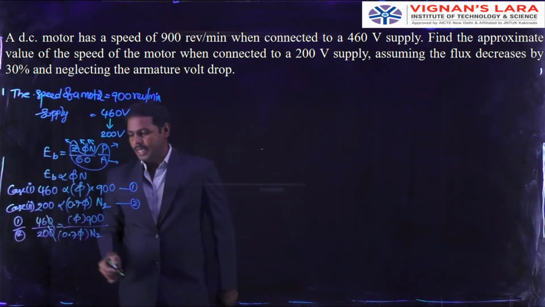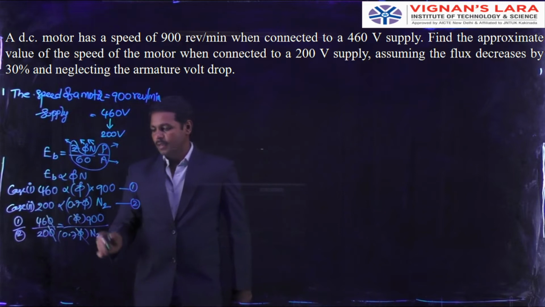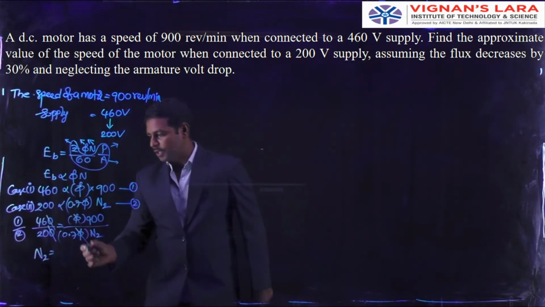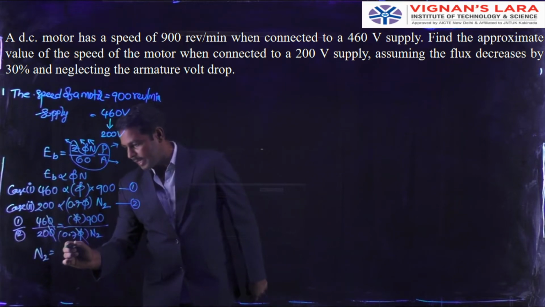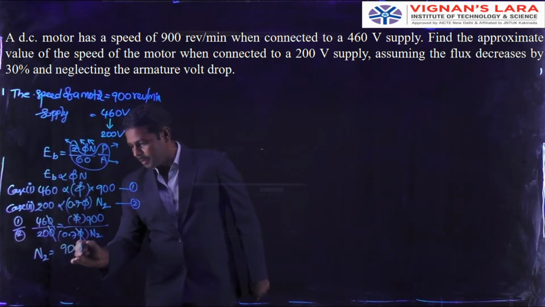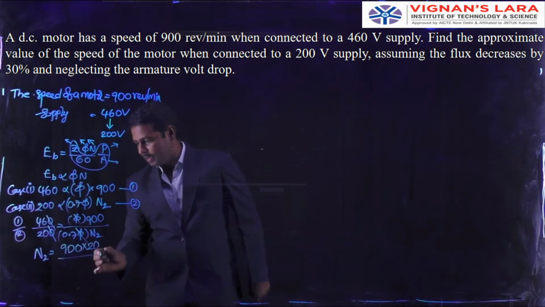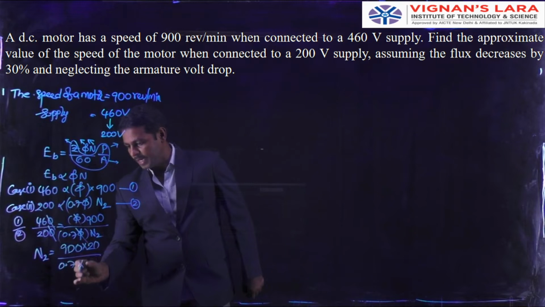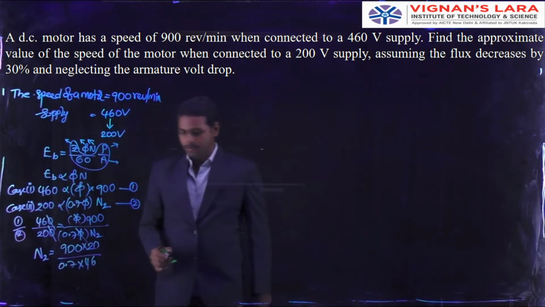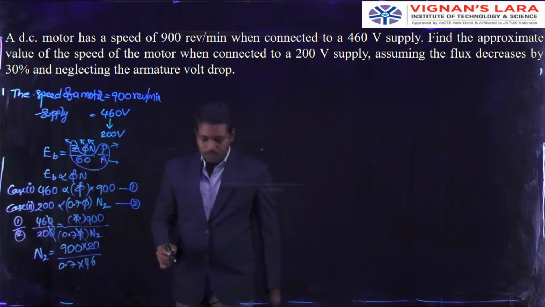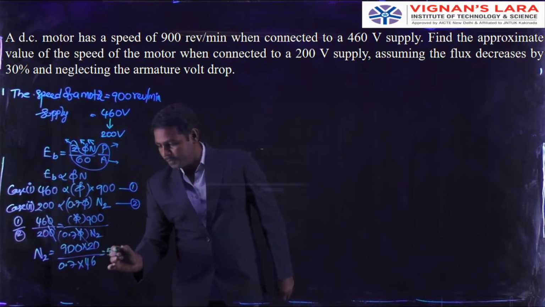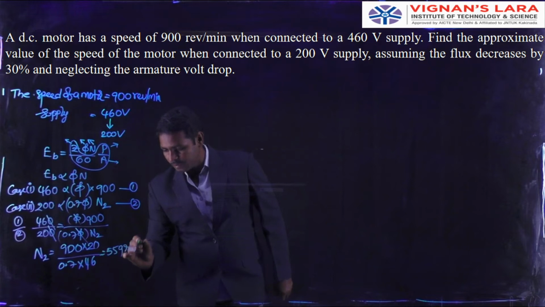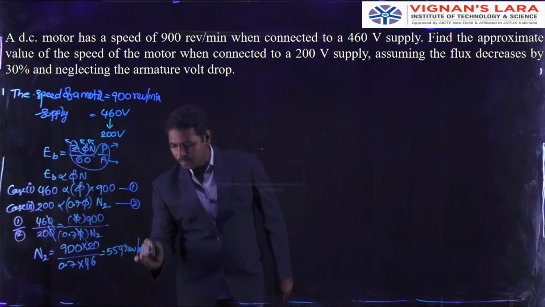So these two, phi, get cancelled. Which gives N2 equal to 900 multiplied with 200 divided by 0.7 multiplied with 460. So which is equal to 559 revolutions per minute.